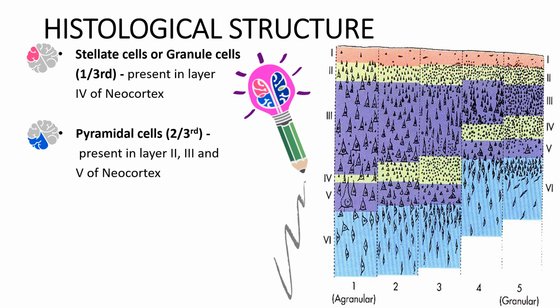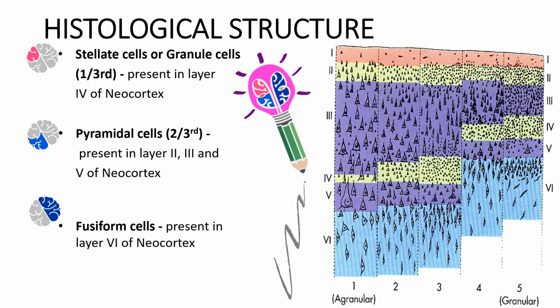These pyramidal cells are present in layers 2, 3 and 5 of the neocortex. And then finally the fusiform cells, these are comparatively very few in number, and such cells have spindle shaped cell bodies, and they are present in the sixth layer of the neocortex.